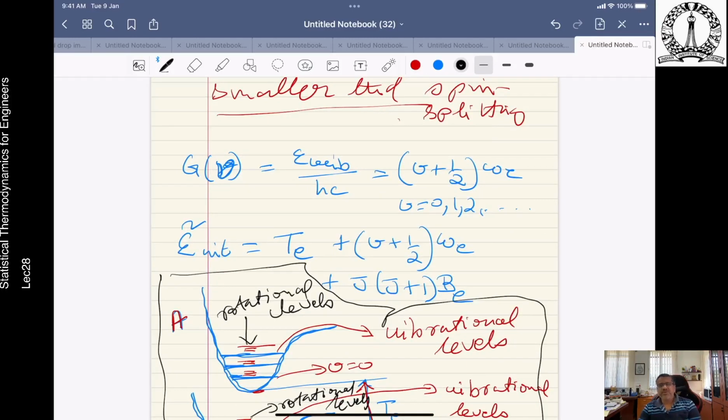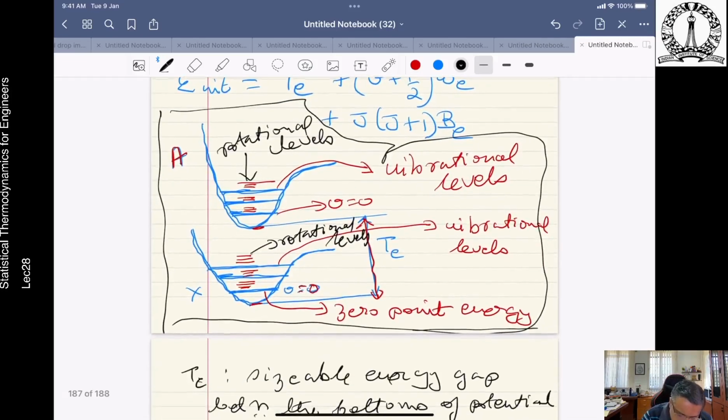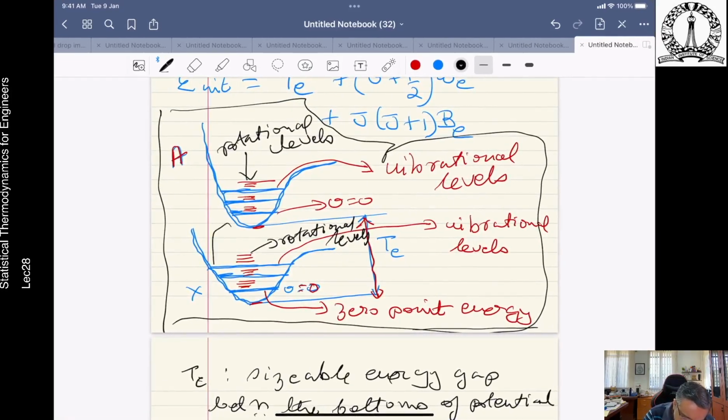So we can see that there are all possible energy gaps, from here to here, within the rotational band, from one rotational band to one vibrational.